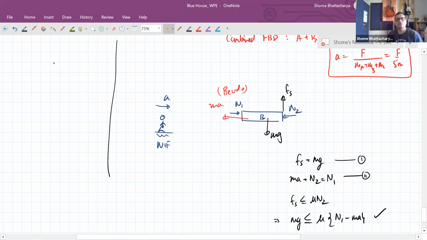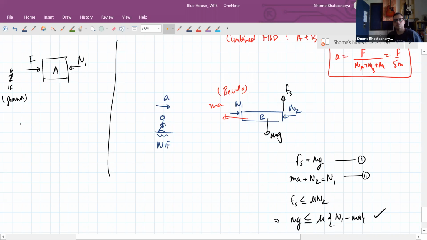So for N1, you look at the free body diagram of the block A in the ground frame. So in the ground frame, this is what is happening. Okay. Or directly you can look at N2 also. Anyway, it doesn't matter. Okay.